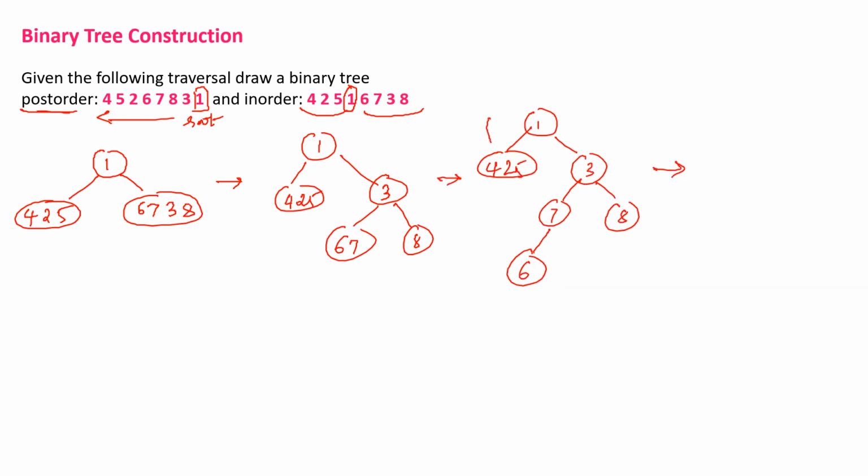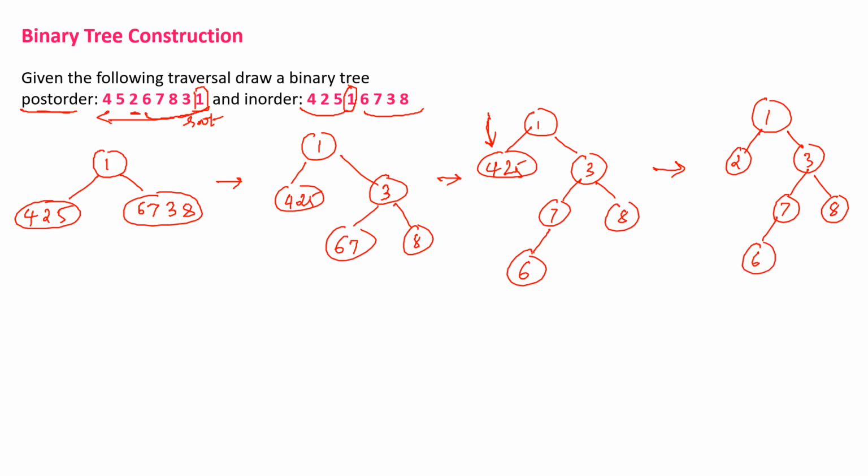Now we have to decide which node is the parent here in the left subtree. For that we have to check the post order, and we have already considered all these nodes in the post order. The next node is 2. So that means 2 is the left child of node 1. The right child is 3. 3's left and right are 7 and 8, and 7's left is 6.